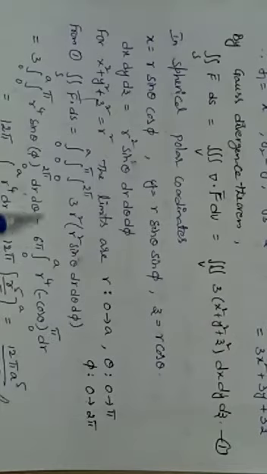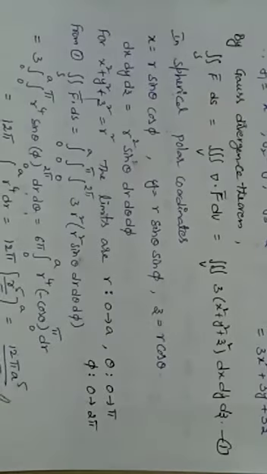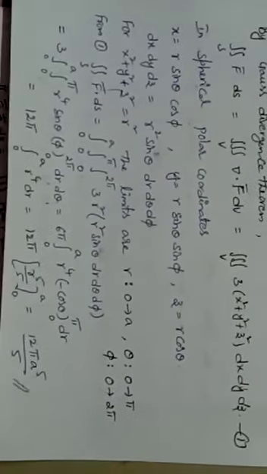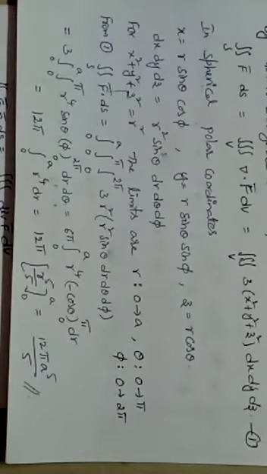Next, coming to the integration with respect to r, here you have the integral from 0 to a of r power 4 dr, and the remaining value for that integration is 12 pi a power 5 by 5. So this is the question related to polar coordinates of the sphere.